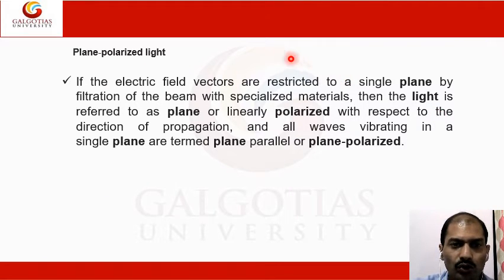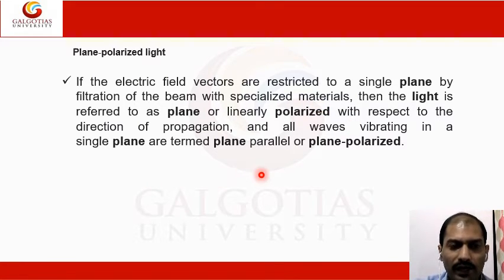So before checking whether the different enantiomers are dextrorotatory or levorotatory, you all might be aware of what plane polarized light is, as you might be very confident with these terms. If the electric field vectors are restricted to a single plane by filtration of the beam with specialized material, then the light is plane or linearly polarized with respect to the direction of propagation.